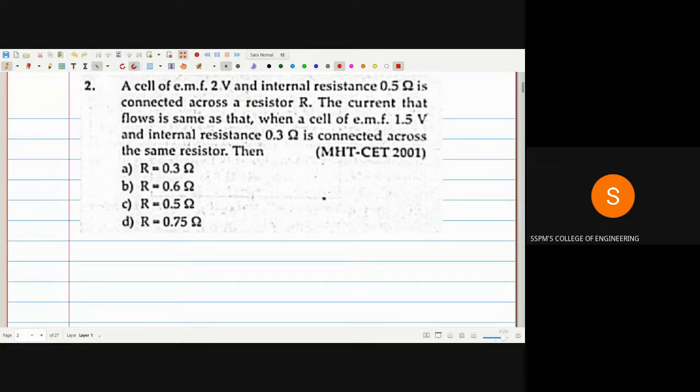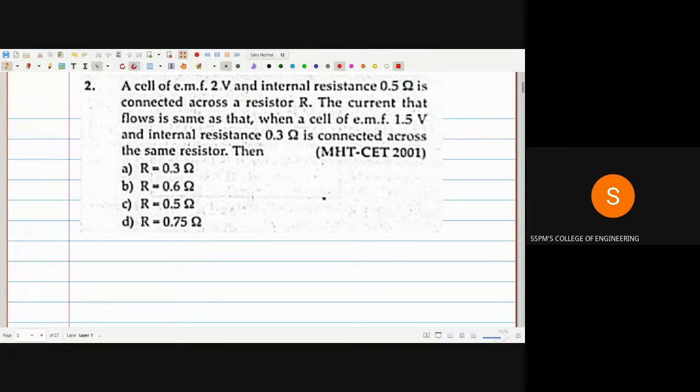Is connected across R, capital R. The current flows the same as when the cell EMF is 1.5 volt and internal resistance is 0.3 ohm, connected across the same resistor.